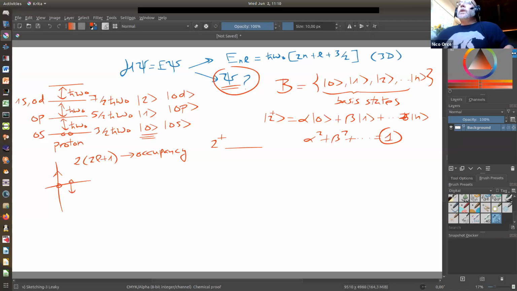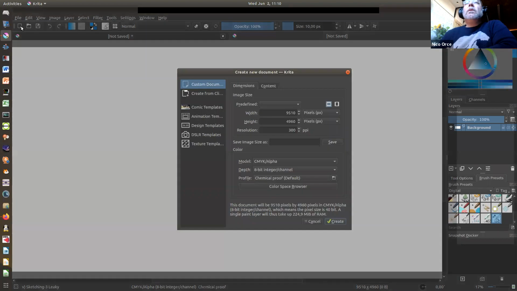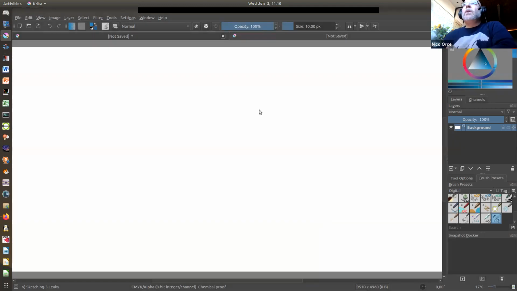So now, wait for the page to come. Here we go. So then we are going to apply. Actually, I want to multiply this because we're going to have a long calculation. I want to have it in portrait.